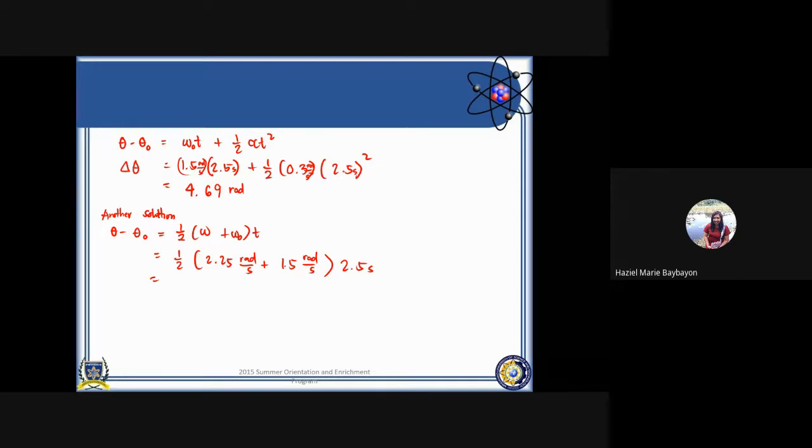It's 4.685. The same answer, 4.69 radians. So you can use either of the two equations to solve for delta theta.